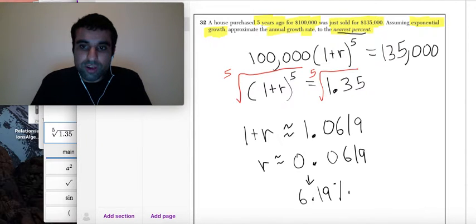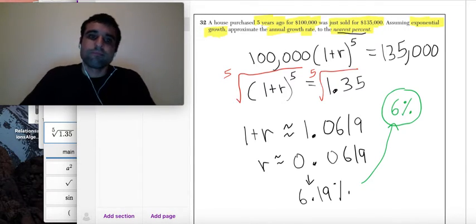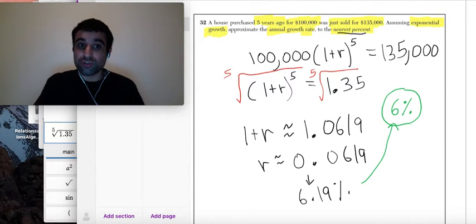The annual growth rate is 6%. All right, that's our annual growth rate. There were a few other ways you could have done this, but they all basically come down to some version of this.